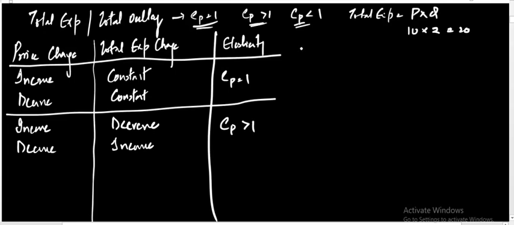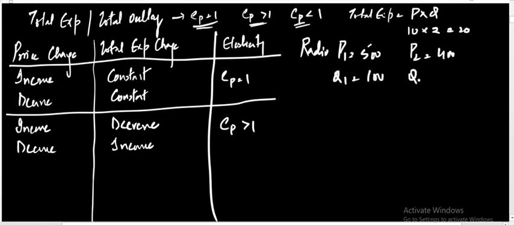Now let me consider an example of radios where price 1 is equal to, say for example, 500, the price 2 is equal to 400, the quantity demanded here is equal to 100, and the quantity demanded here is equal to 150. Now let me calculate expenditure.